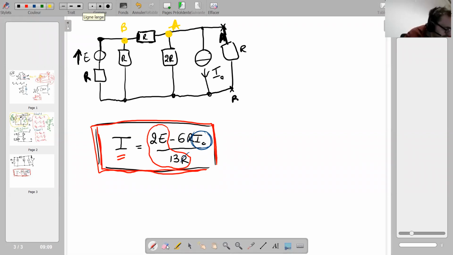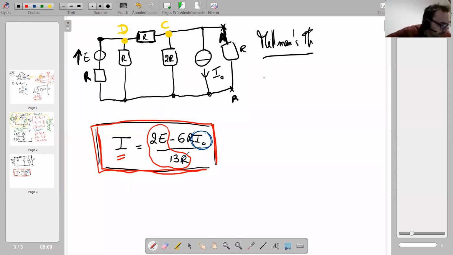Don't use A and B. Let me show you Millman to finish. So Millman, check for VC. At this point, I get minus E0 coming from this.